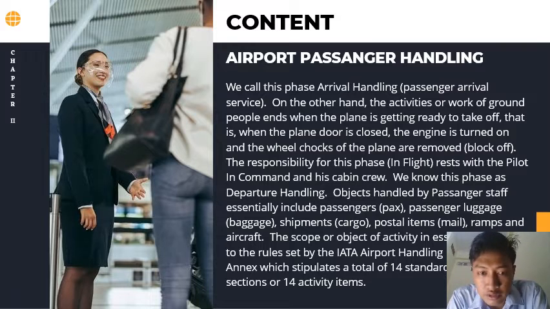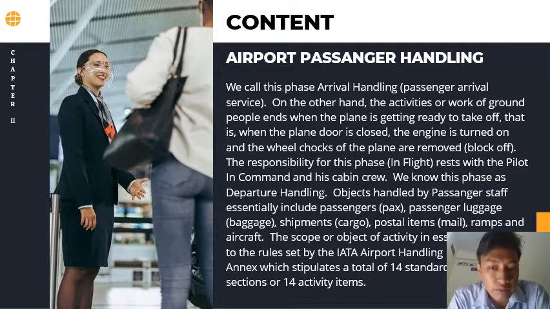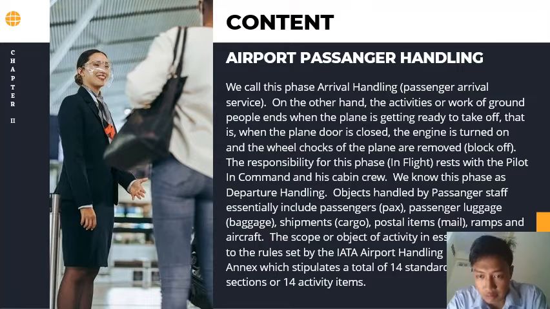We know this process, departure handling, handled by the persons, initially includes passengers, passenger luggage, shipments, postal items, and aircraft. The scope of objects handled must refer to the rules set by the IATA Airport Handling Manual.